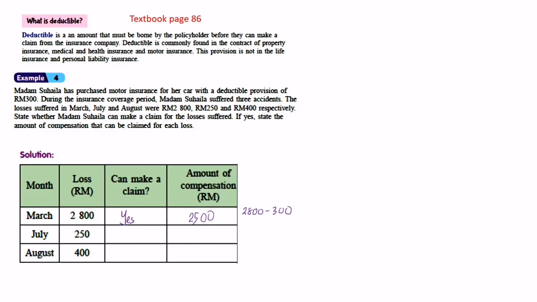Can claim or not? No. August, 400 ringgit. Can claim? Yes. So how to calculate the amount of compensation? 400 minus the deductible amount 300 ringgit. So the amount of compensation is 100 ringgit.